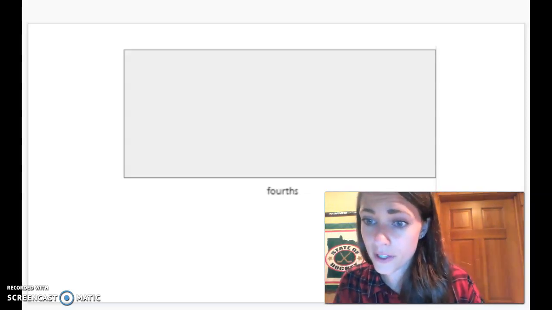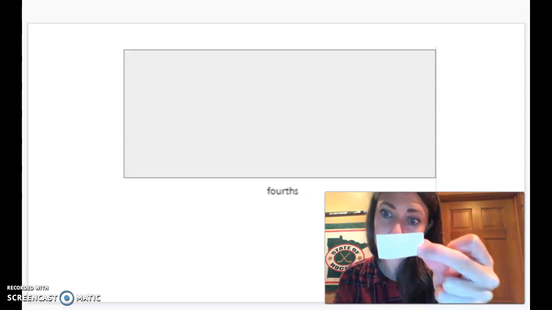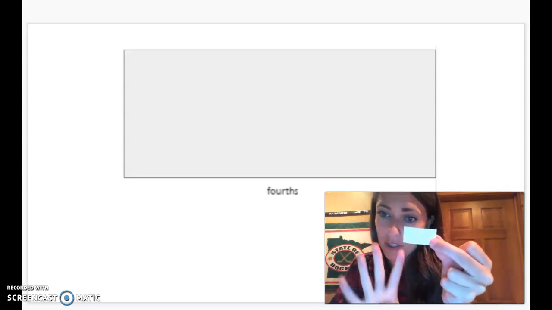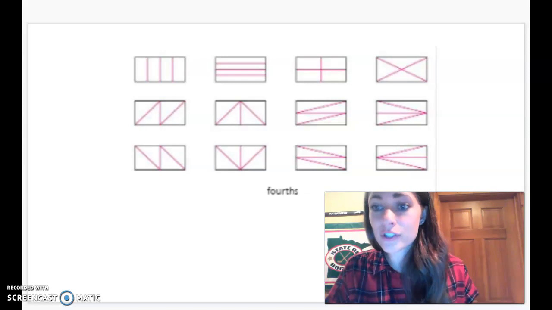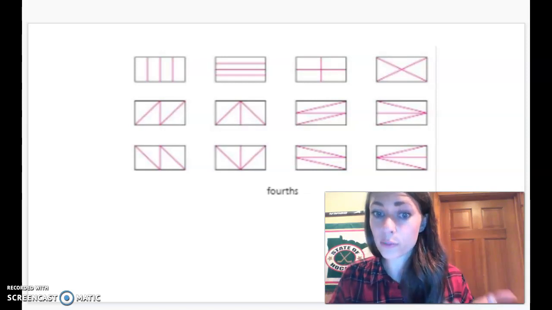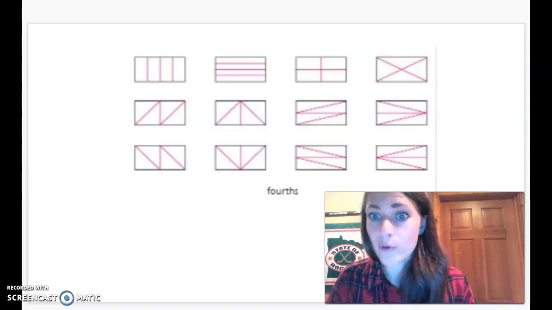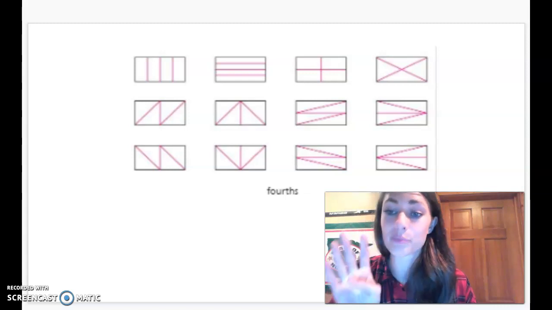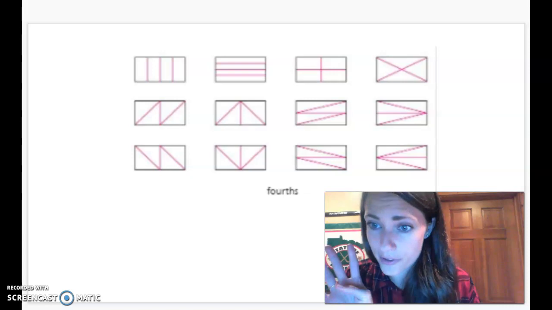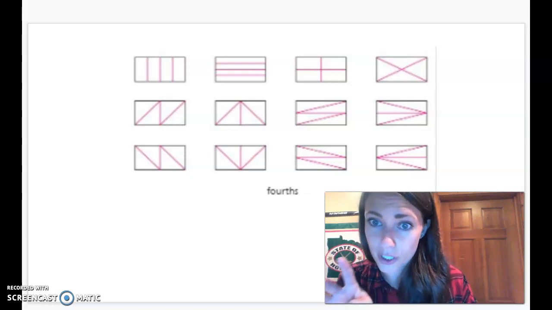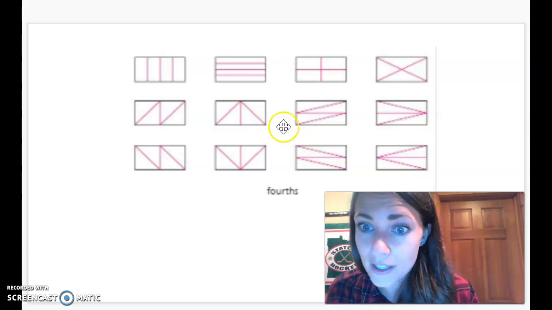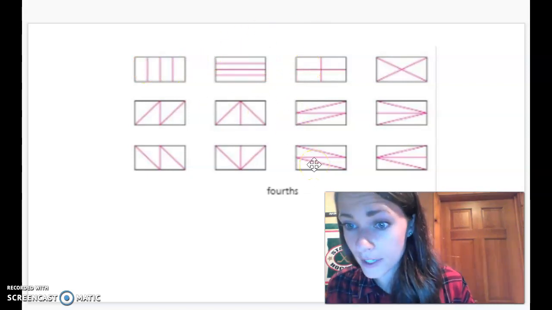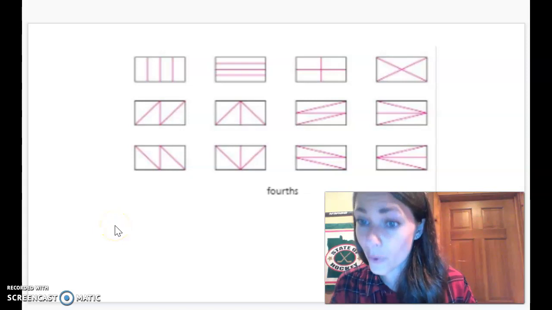Okay, so pause this video so that you can practice and try to split your rectangle in 4 equal shares. So after you have practiced it, hopefully you paused the video, I'm going to show you all the different combinations that you could do to split the rectangle into fourths, so 4 equal shares. You see all the different ways that you could partition your rectangle into fourths.